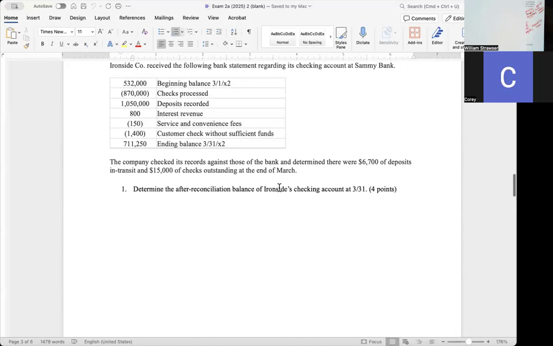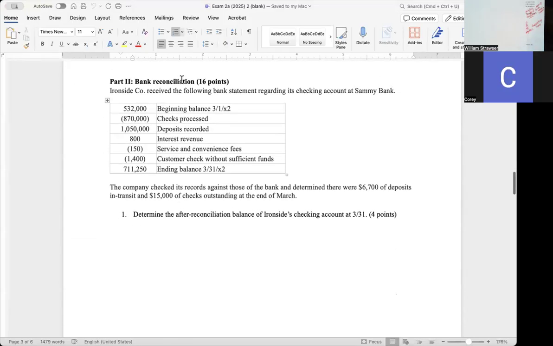I also want to talk about exam two now that we're in this mode. I'm going to pull up exam two and do the same idea behind it and just kind of say, what should you really focus in on? What might be things not to worry about? So for exam two, the bank rec problem.